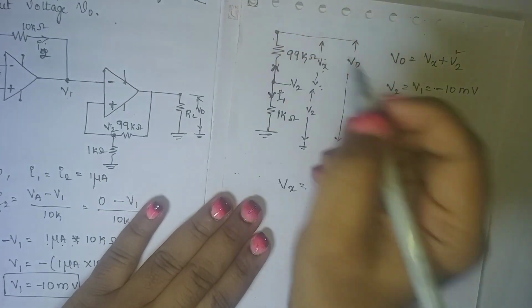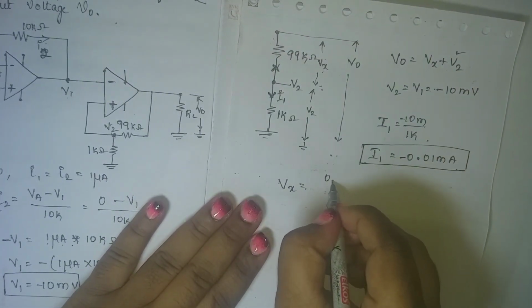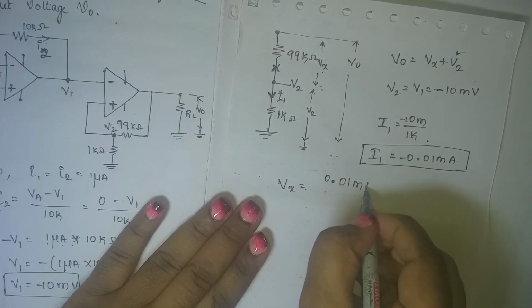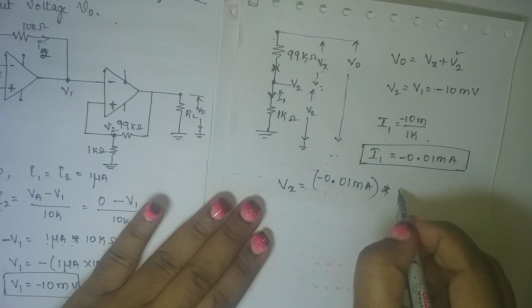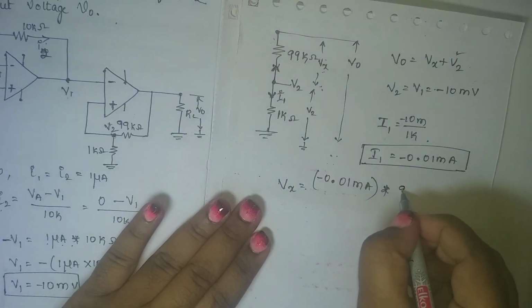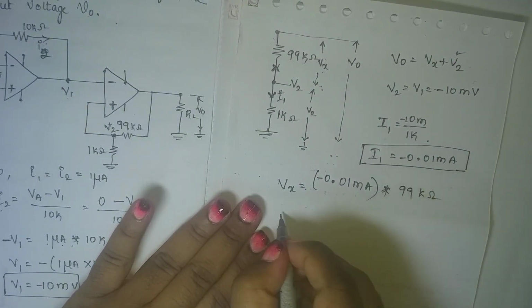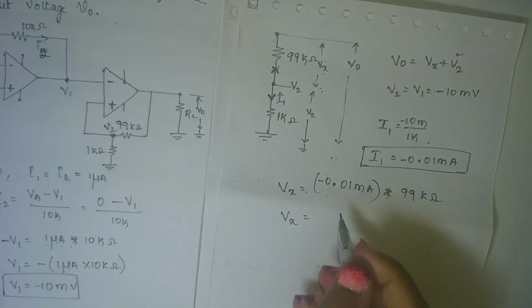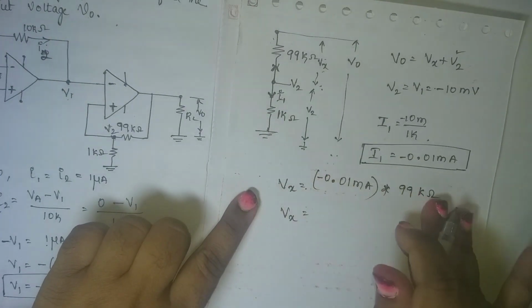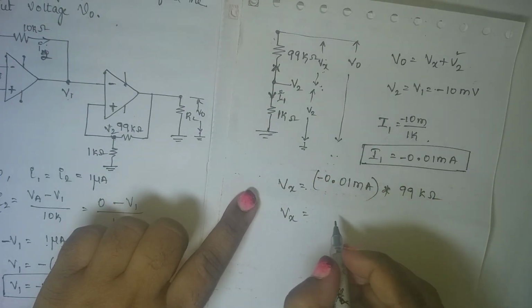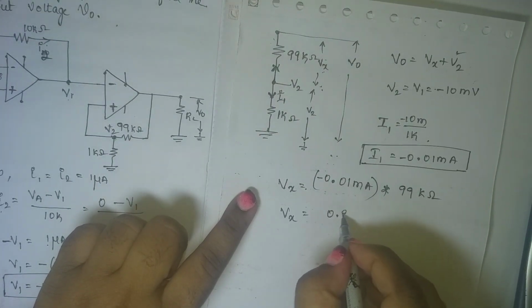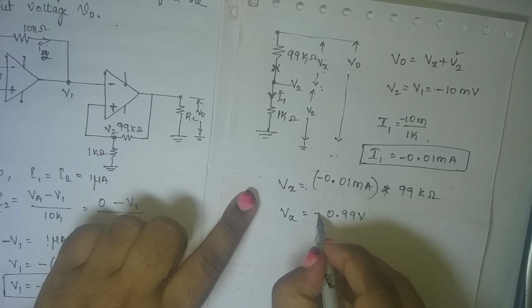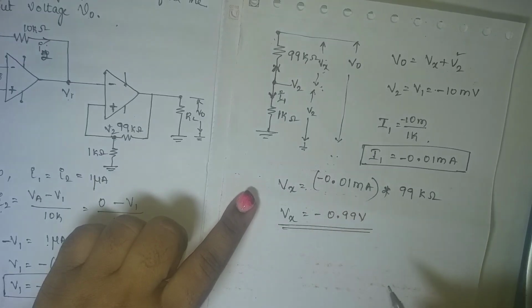I know the current, 0.01 milliamps, into the resistance, 99 kilo ohm. So Vx is equal to minus 0.99 volts.